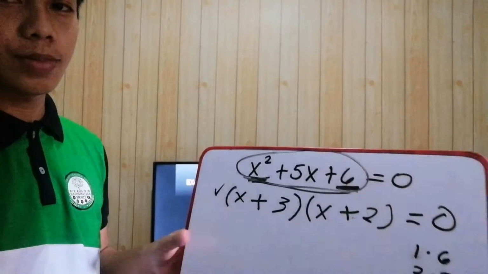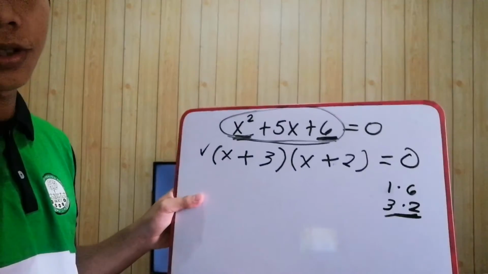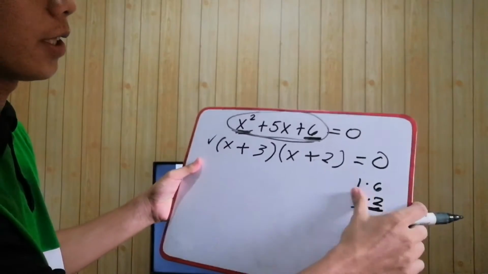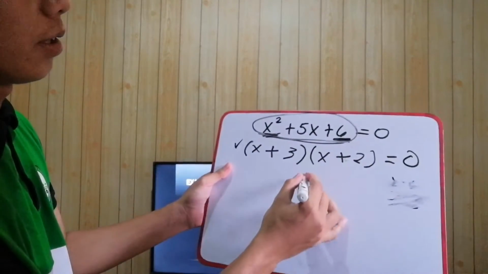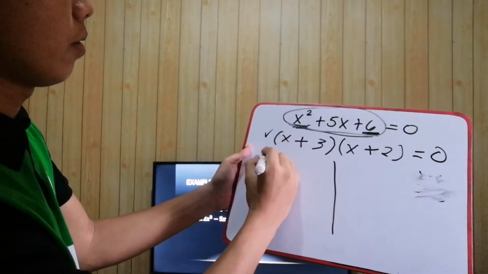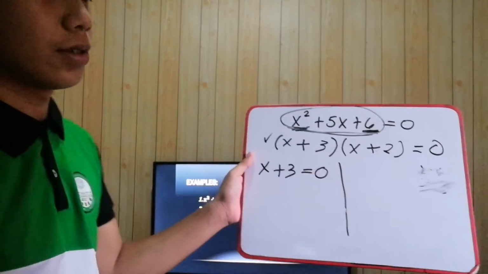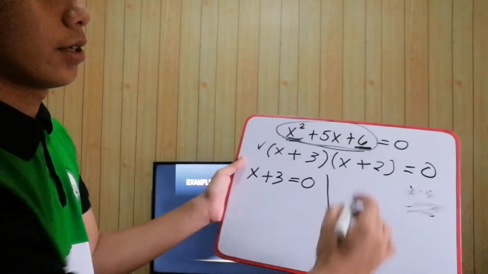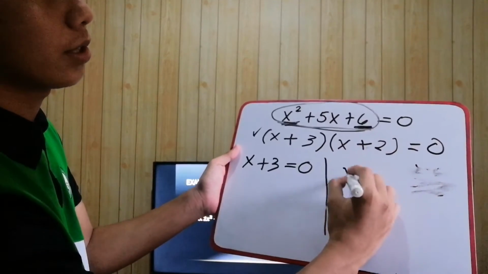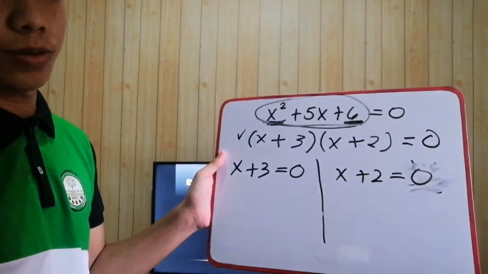So, for our last method, equate natin into 0 para makuha natin yung solutions. We will just do this. x plus 3 equal to 0. Sa kabila naman, yung factor na to is x plus 2. Equate natin sa 0.